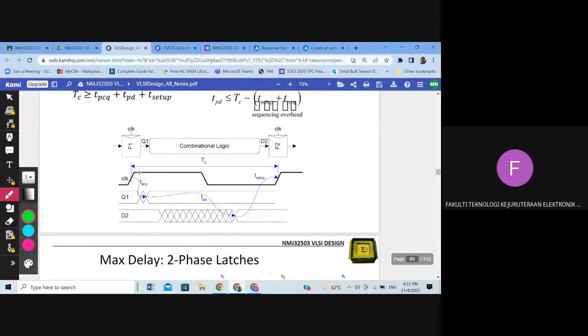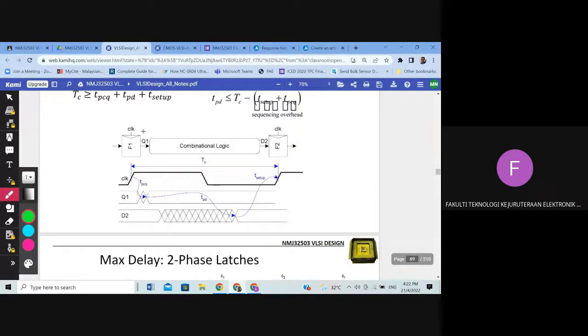We have a clock, with first rising edge and second rising edge, and we have the combinational logic and two flip-flops, F1 and F2. Q1 is the output of flip-flop 1, and D2 is the input to F2. What happened? We can use the timing diagram to explain.